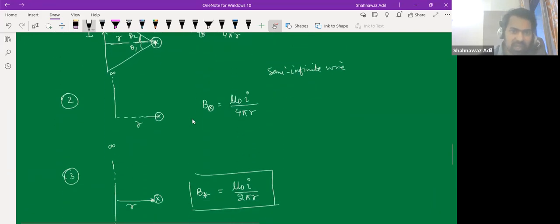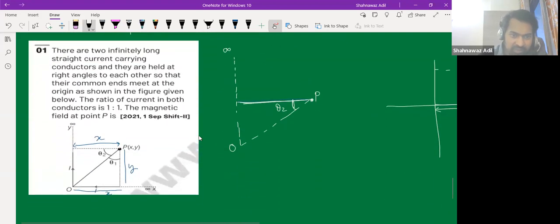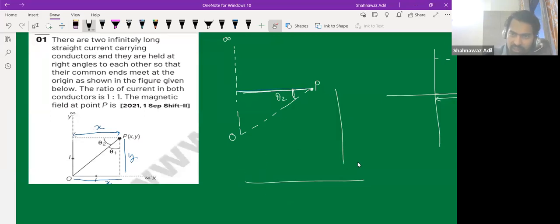So these are the four basic things that we have understood, and now we are applying that. We have this question. We have two wires. One is this wire, and the other one is this wire. This is wire one, and this is wire two.